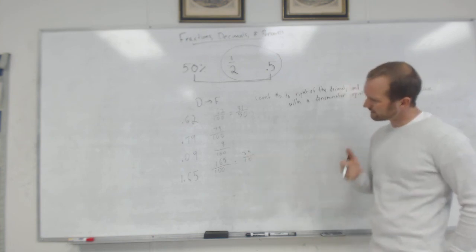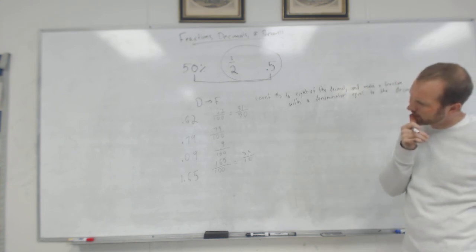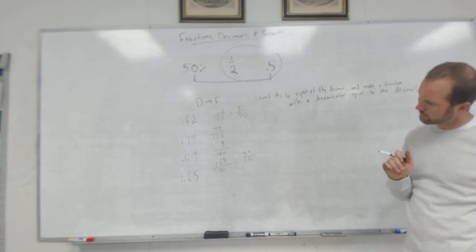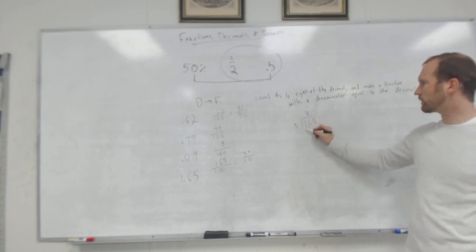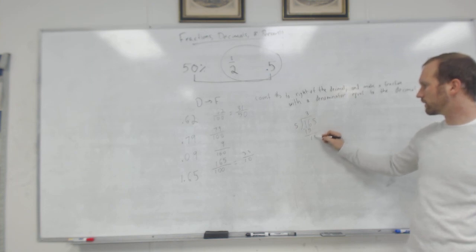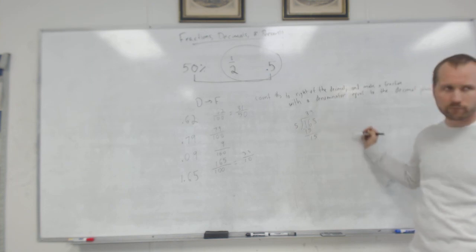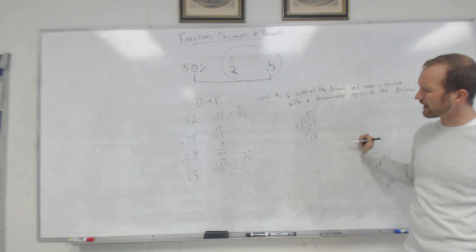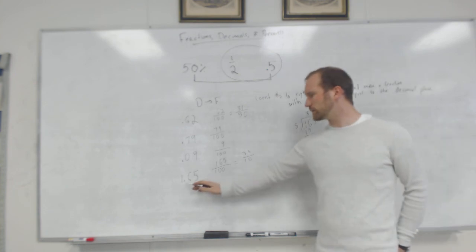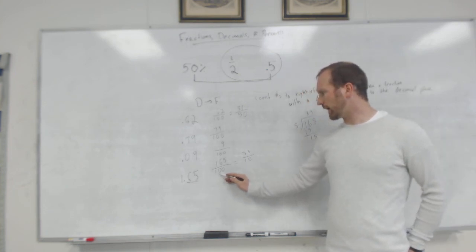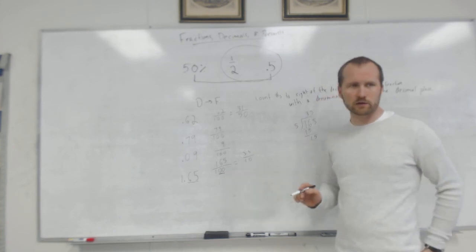Is that right? 5 goes into that 3 times, right? 165 divided by 5. 3, 15, 15, 33 over 10. So we're simply counting the number of numbers to the right of the decimal, and we're putting that many zeros in our denominator.